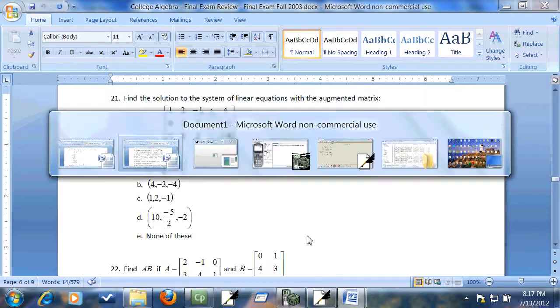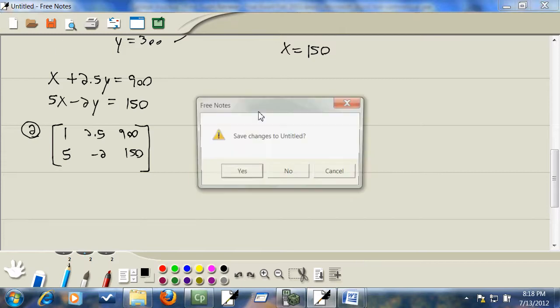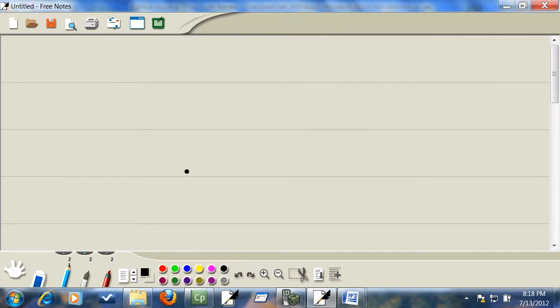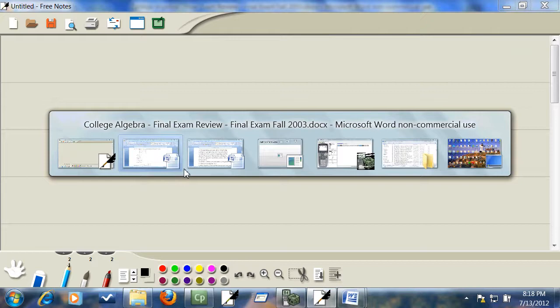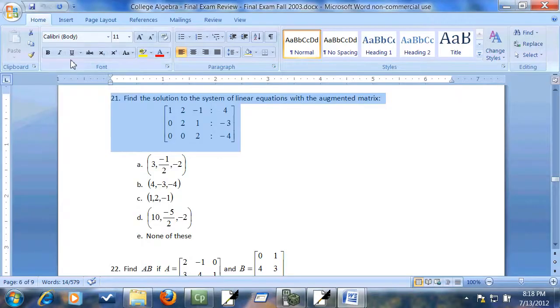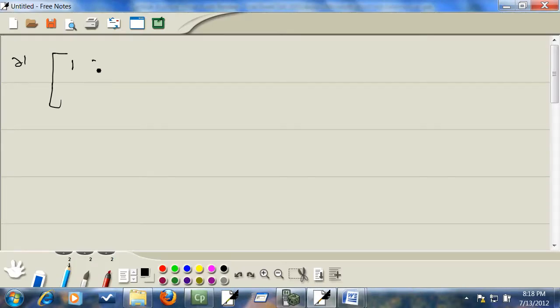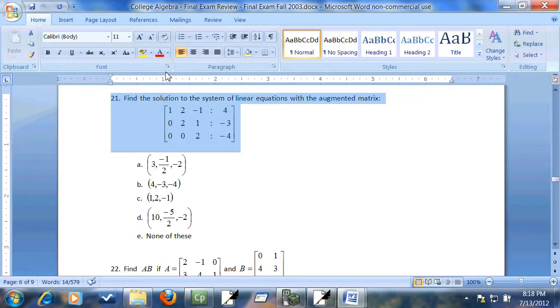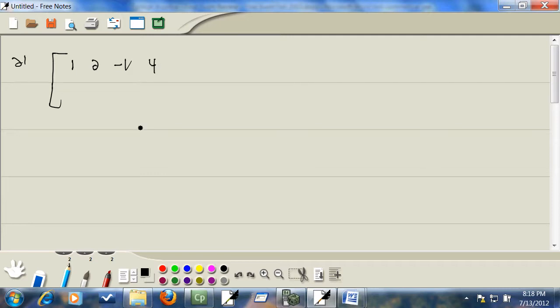So let's take a look at this problem. This is problem 21. And we got 1, 2, -1, 4. Let's try that again.